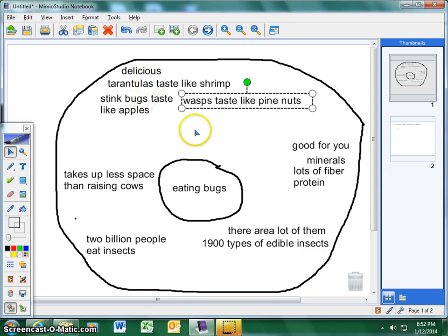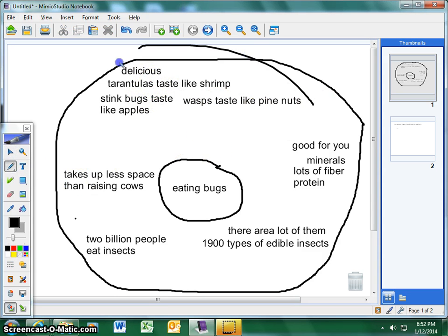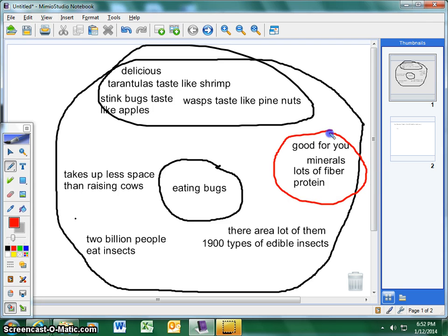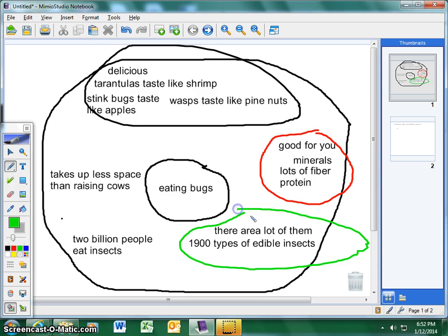Okay. I'm going to go ahead and just use these that are separate as my 3 pieces of evidence, because they have more than one idea for each of them, and there's 3 different ones, and 1, 2, 3 is how many I need.